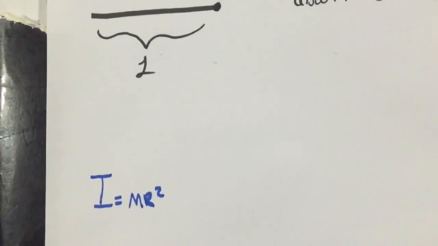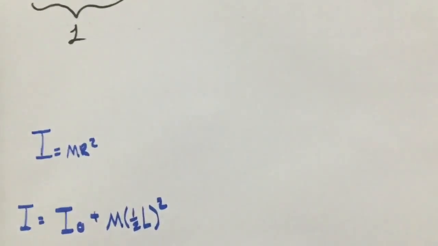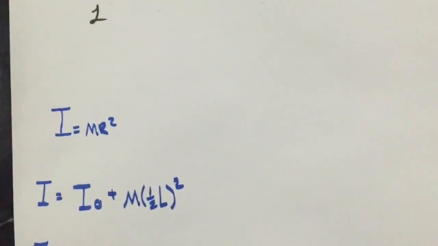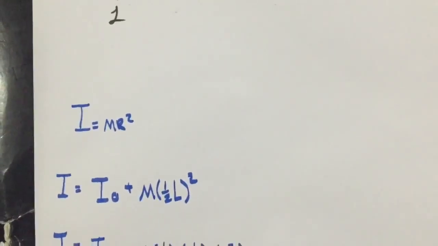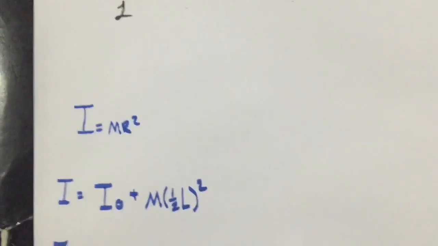So when you start plugging it in the formula, you would use the moment of inertia that they gave you before, because it's combined in the system. So I equals I naught plus the mass times 1/2 the length squared.